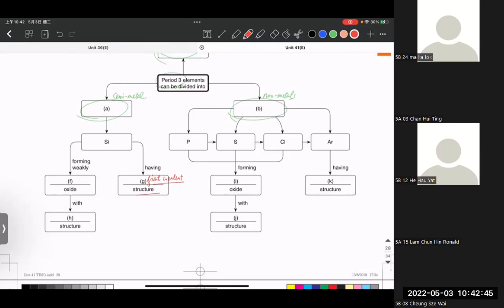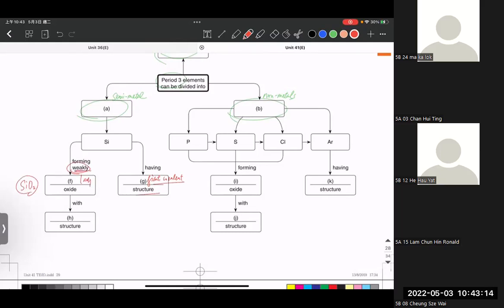Silicon, they will form what oxide? Weakly. Can you see the word weakly? What oxide with what structure? Silicon oxide. So I know it's silicon oxide. So can you tell me the nature of the oxide? You see that weakly.